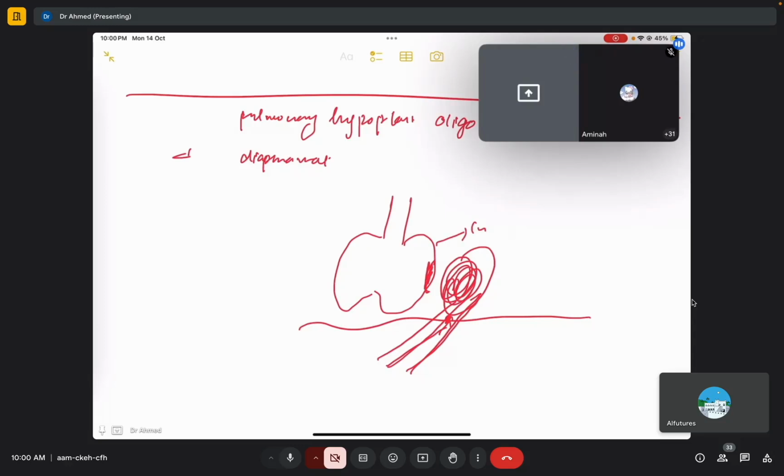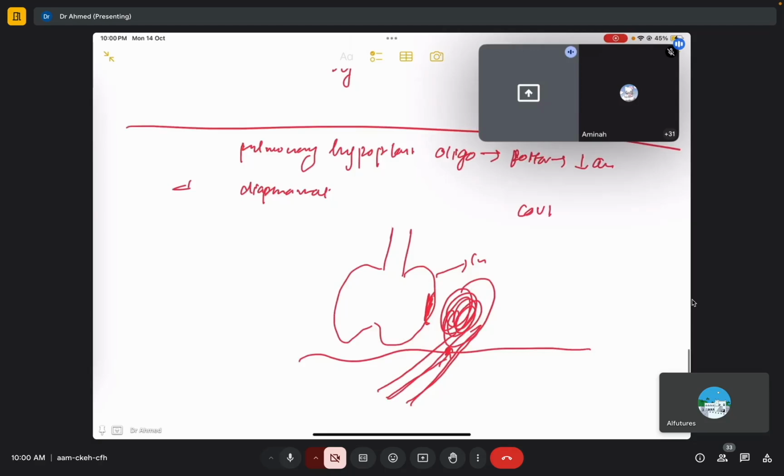Okay. In the cardiovascular system, we have discussed a condition, if you guys remember, persistent pulmonary hypertension, associated with pulmonary hypoplasia. So for example, if a person has hypoplastic lungs, it means the blood vessels inside the lungs can't form well.